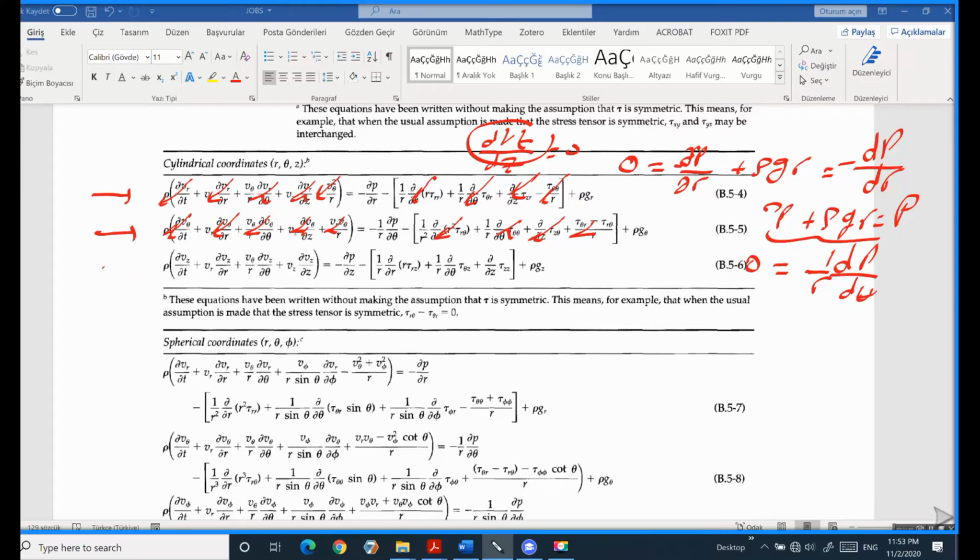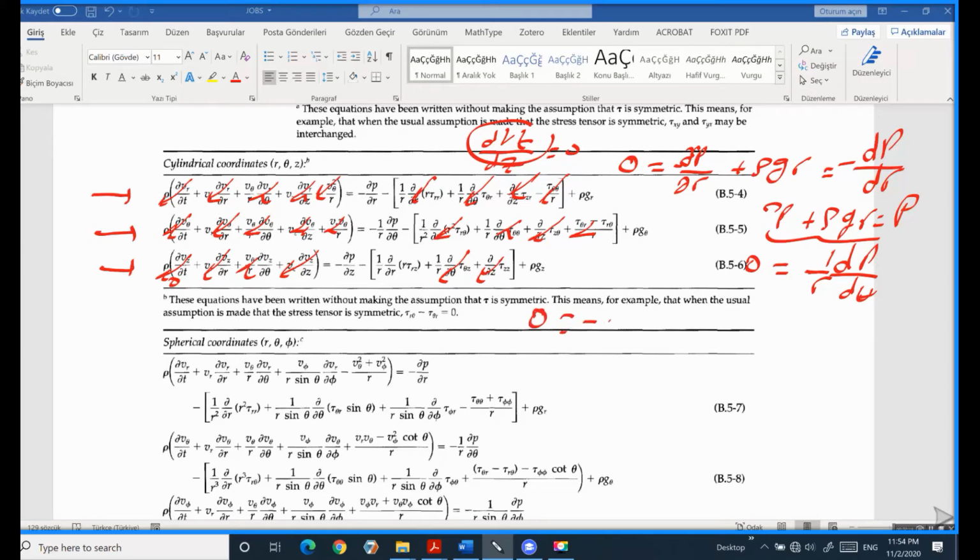For the z direction, it's going to be 0. It's not dependent on time, steady state. vr and v theta are 0. From here, dz is 0, so this is going to be 0, and this is going to be 0. And finally, what we have on the left side is going to be 0.